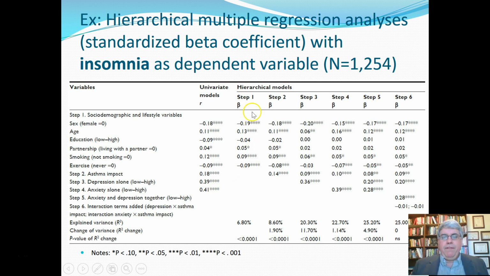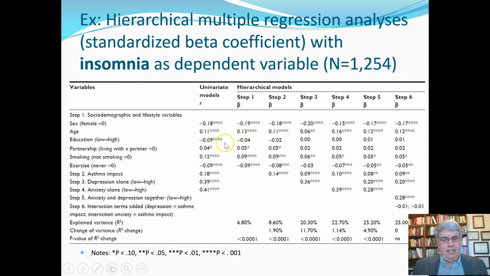Now, what we have done in each of these regression analyses here, they have entered a number of variables into the model. So in this first one, they enter sex, age, education, partnership, smoking, and exercise to see if there's any of the variables that overlap and no longer predict.